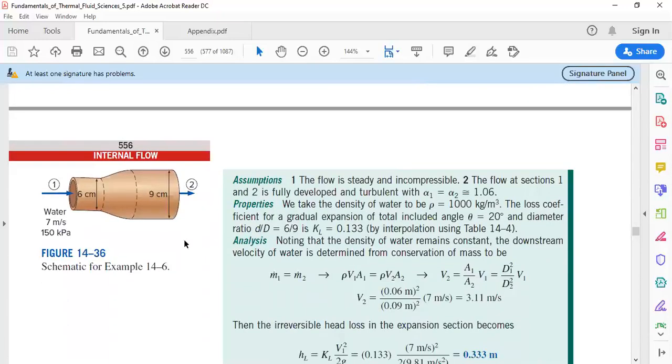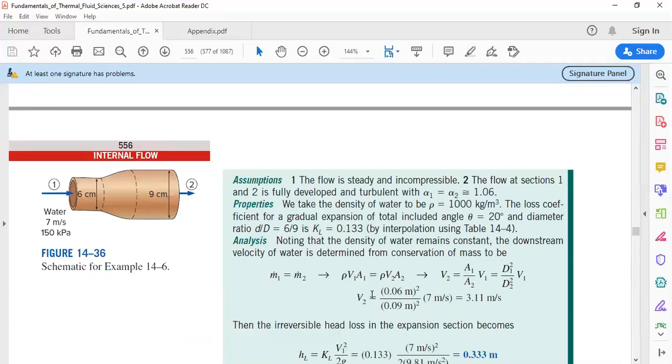We want to determine the head loss in the expansion section and the pressure in the larger diameter pipe. The head loss is mainly minor losses. In order to calculate the minor losses for the expansion or the contraction, the minor losses are always according to the higher velocity. From the basic mass conservation principle, we know that the velocity in the smaller section is greater than the velocity in the larger section.